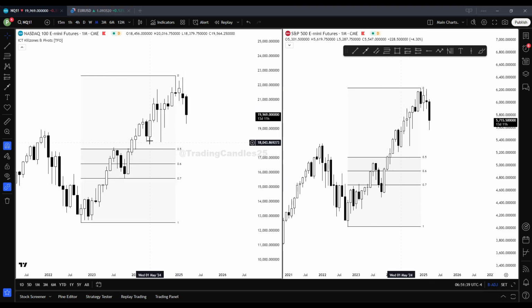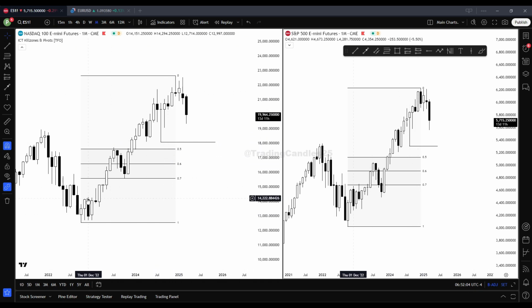Right here, within the premium region of this dealing range, we have a low, both on NQ and ES. We've got this premium low on both. So the first liquidity target, or first point of interest, or first drawn liquidity, would be this premium low inside this dealing range.